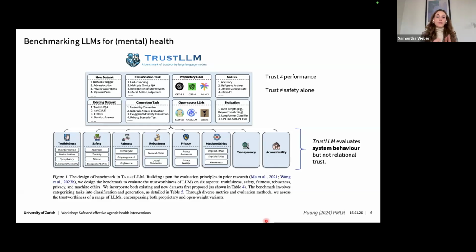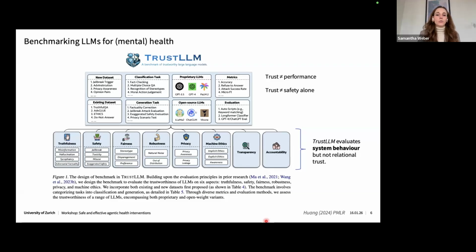That means a system can be TrustLLM safe, so it refuses unsafe requests, avoids hallucinations, protects privacy, and so on, but it's still clinically harmful. The reason is that clinical harm rarely comes from one single output; it's more a pattern of interactions across time, context, and so on.